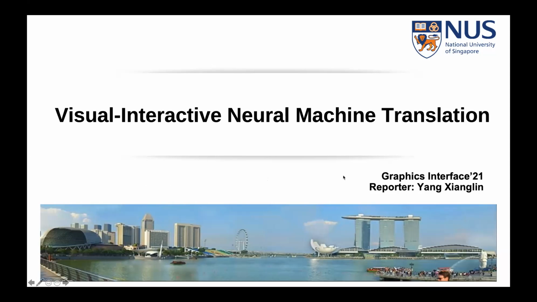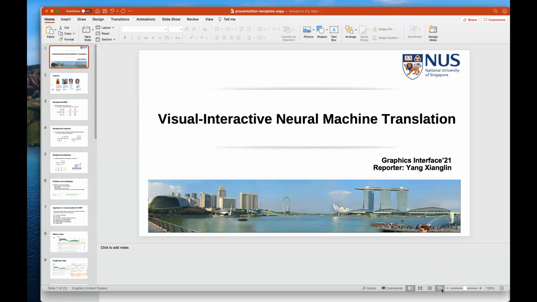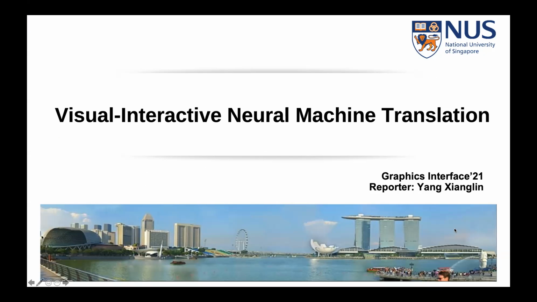For this paper, it seems not on a top tier conference, but we choose this paper because this is a work which takes human effort or human interaction in the loop.